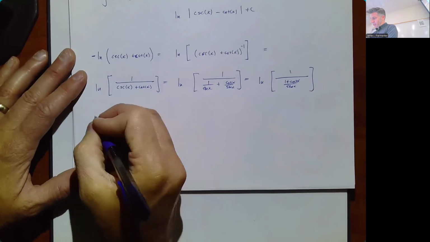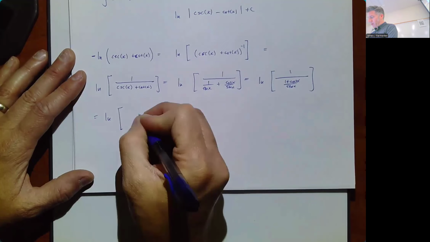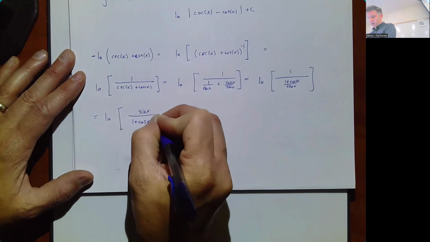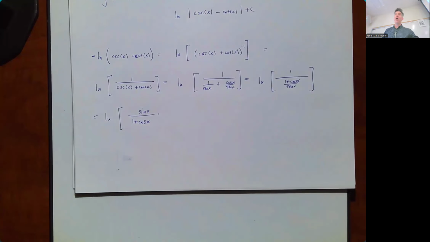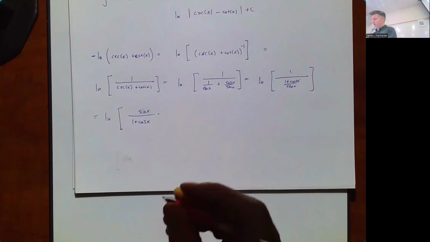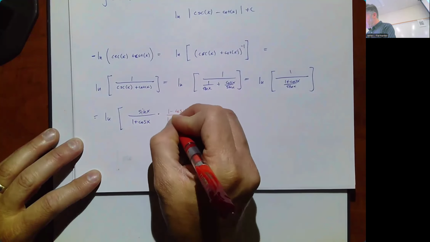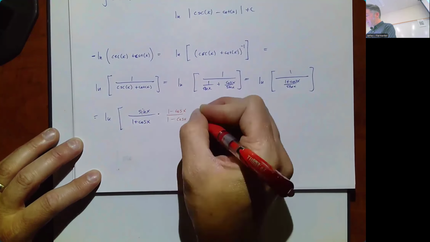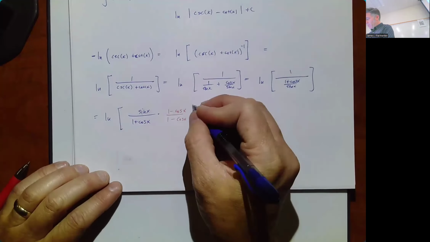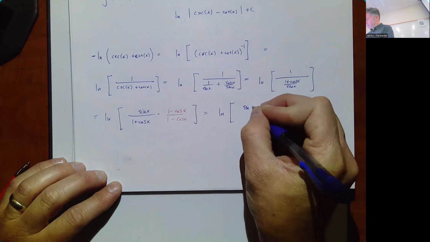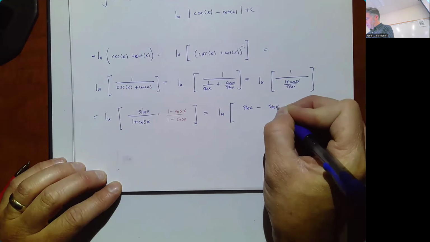Let's flip and multiply. That's the natural log of sine x over 1 plus cosine x. We're going to multiply the top and bottom by the conjugate of 1 plus cosine. That's something we often do, because when you multiply 1 plus cosine by 1 minus cosine, you end up with a trig identity. So now we've got on top sine of x minus sine of x times cosine of x.